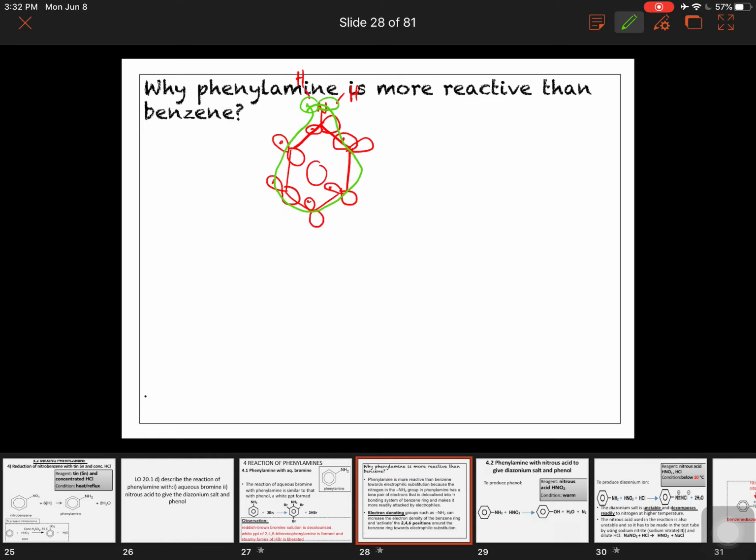So this is why we say that phenylamine is the least basic, because the lone pair is not available to be used for bonding with H+. Instead, the lone pair will be moving inside the ring.